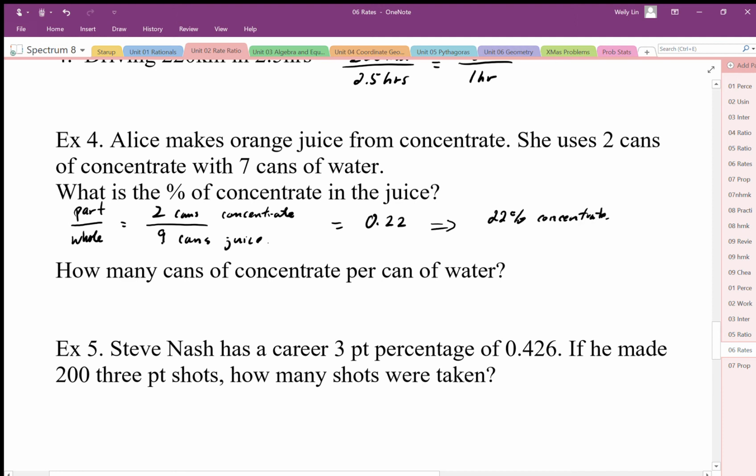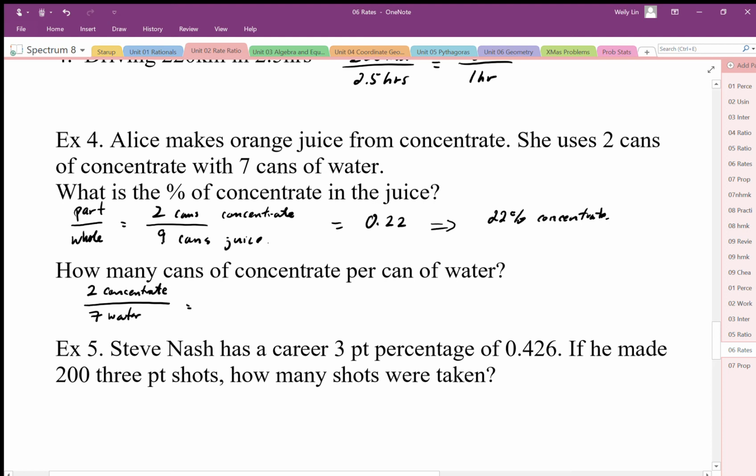Okay, so we're comparing 22 parts concentrate to 100 parts of juice. So how many cans of concentrate per can of water? It's going to be 2 cans of concentrate compared to 7 cans of water.